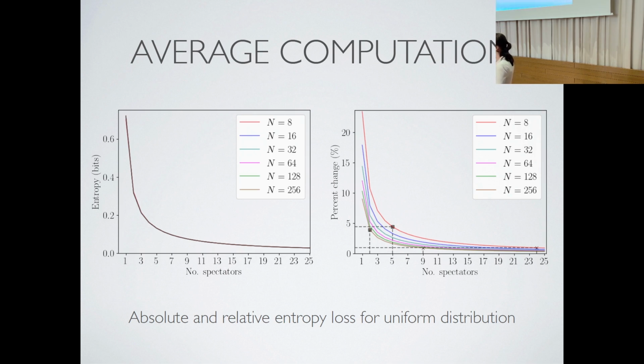On the left is the absolute loss, and on the right we also plotted the relative loss, just to convey to people who don't necessarily understand the notion of entropy that you had some original uncertainty about your input. Suppose you don't want information disclosure to be more than 5% or 1% of the original.